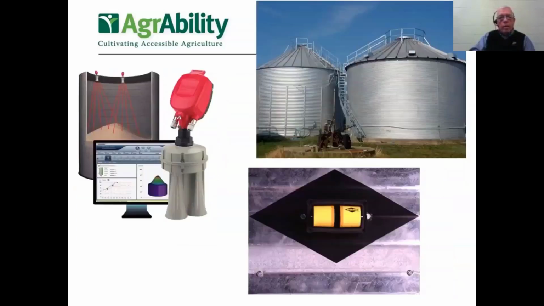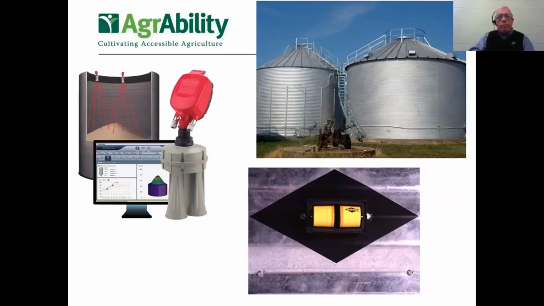And I said that on the left you have a monitor for the grain bin to check levels and grain temperature and grain moisture. Bottom right, level alert. Put a series of those on the side of the bin, usually about 3, so you can tell the level of the grain in the bin without having to climb.